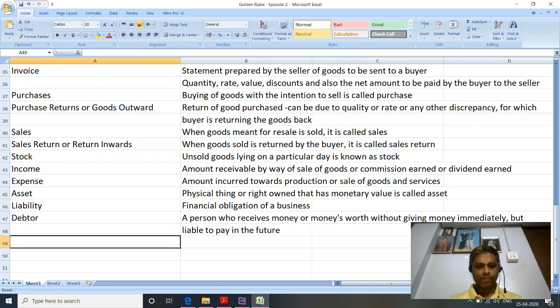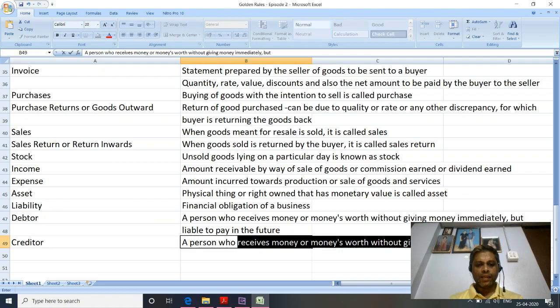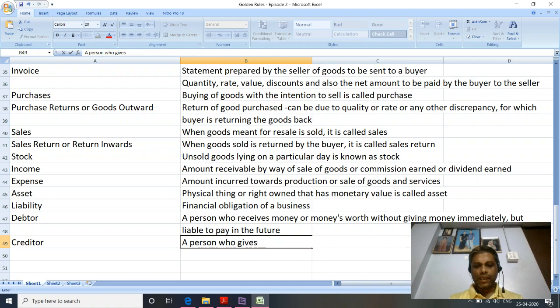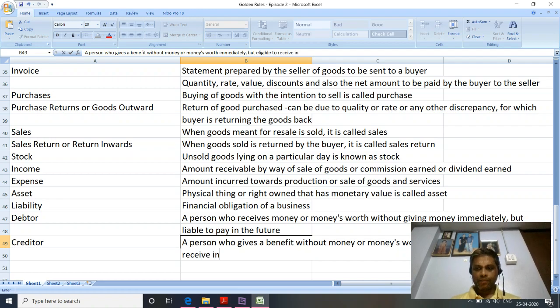Then comes, who is a creditor? A creditor is a person who gives a benefit without receiving money or money's worth immediately, but is eligible to receive in future.